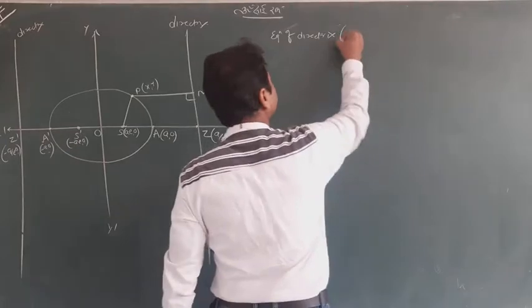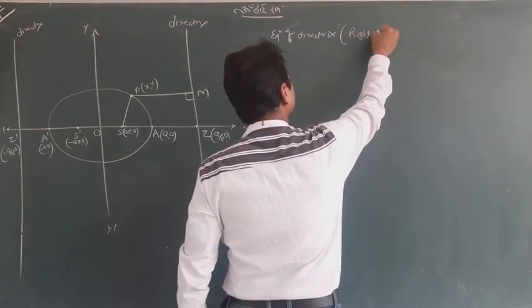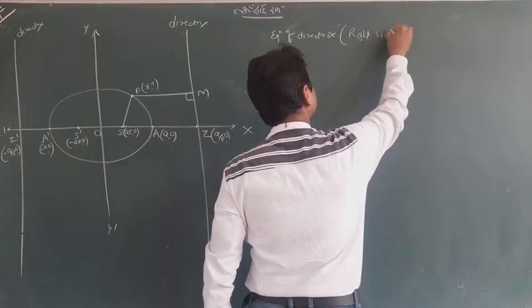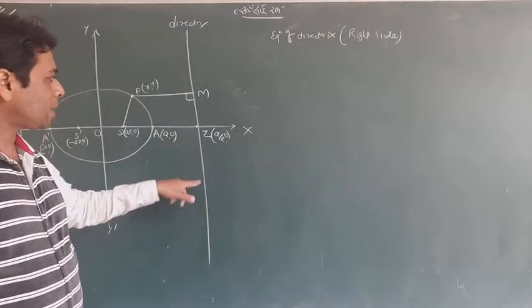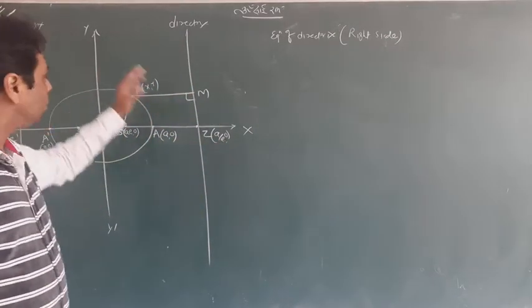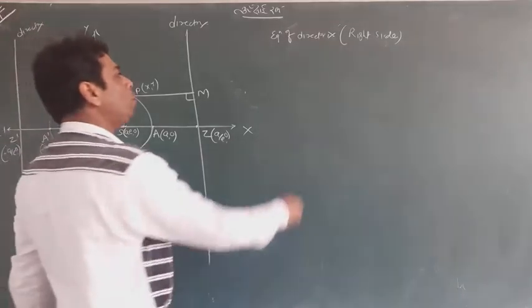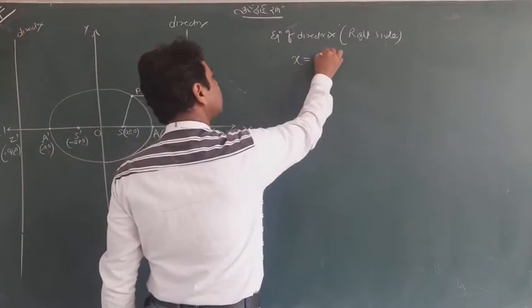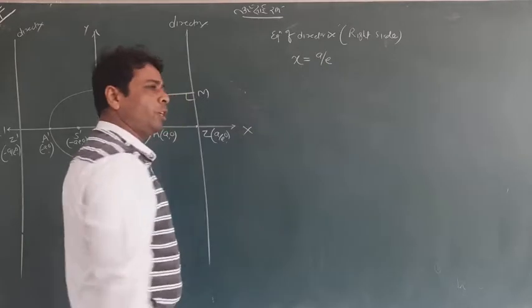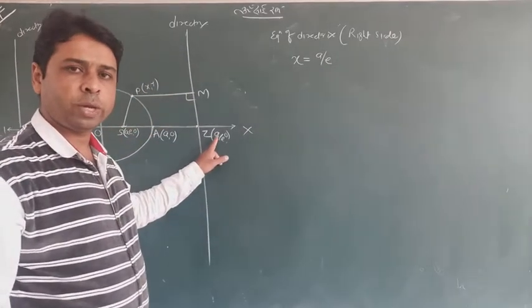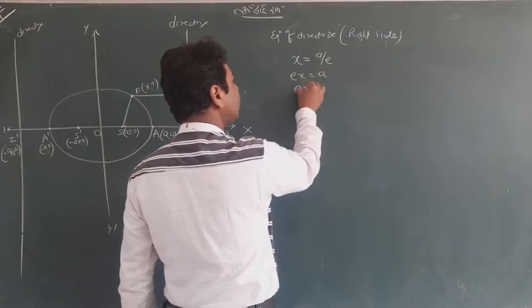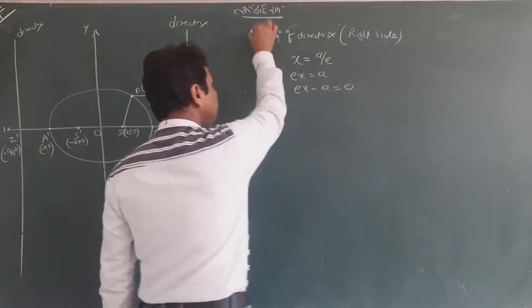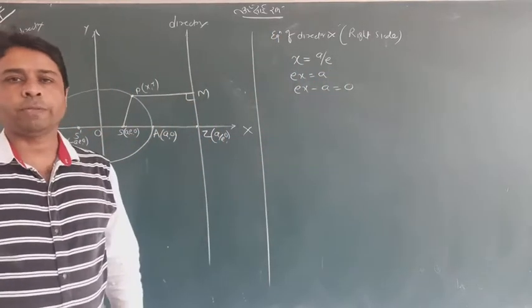The directrix passes through Z, (A/E, 0), parallel to the y-axis. A line parallel to the y-axis is x equal to a constant, so x equals A upon E. So we have Ex is equal to A, or Ex minus A is equal to 0. This is my equation of the directrix.